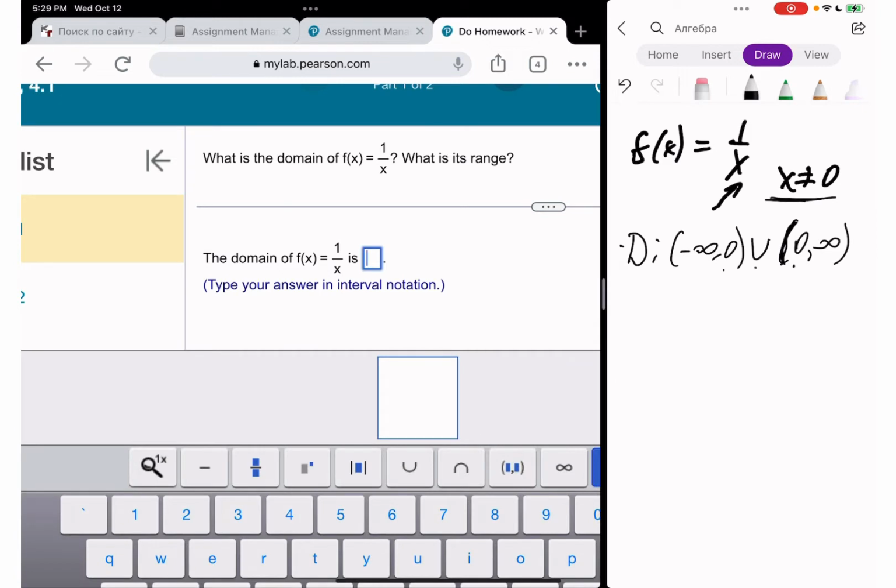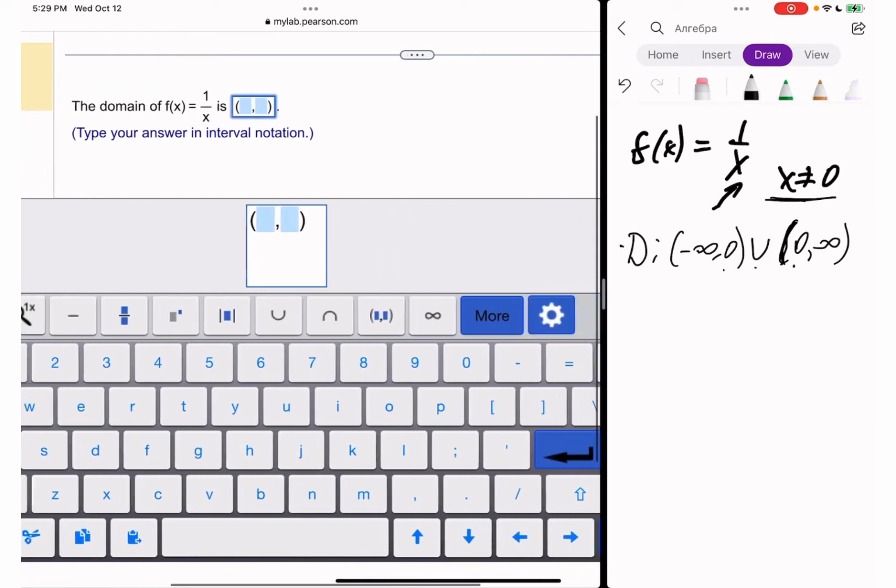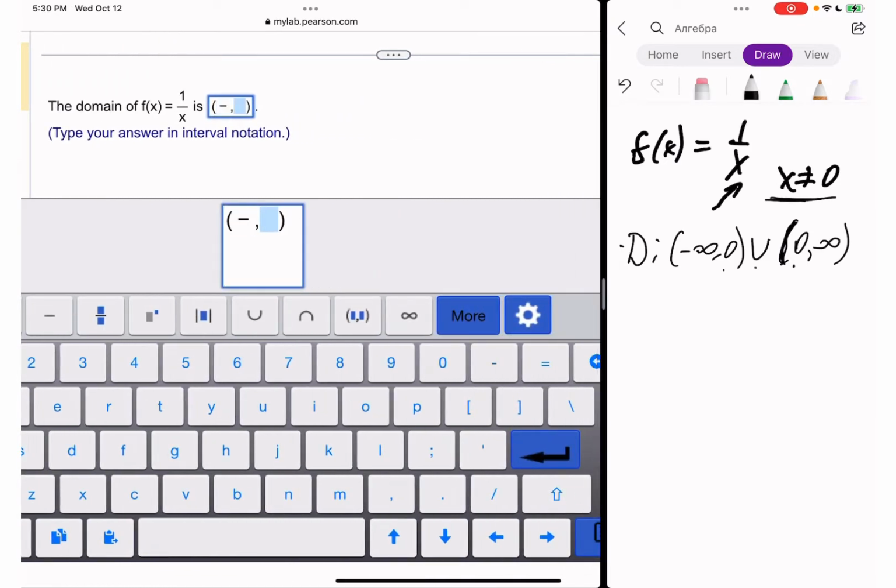Let's write it down, with parentheses: negative infinity to 0, and again parenthesis, 0 to positive infinity.